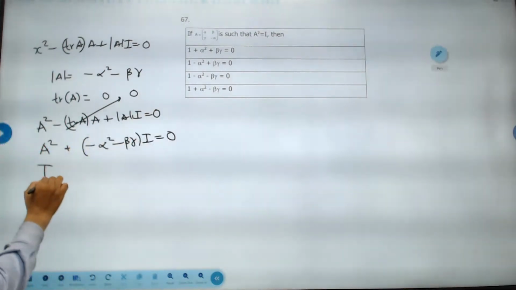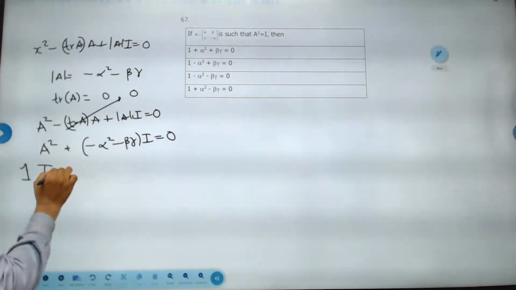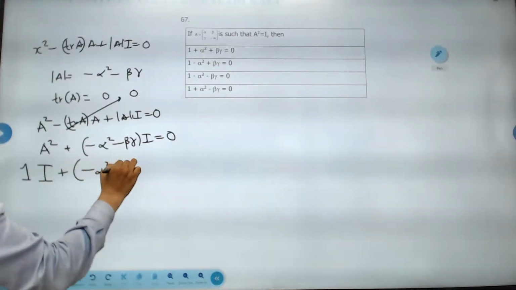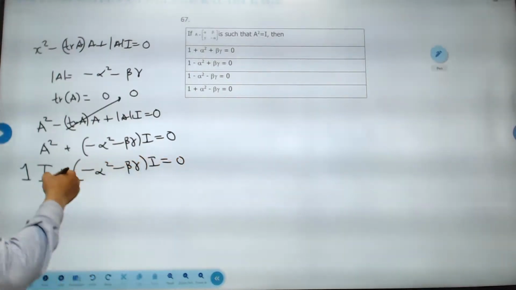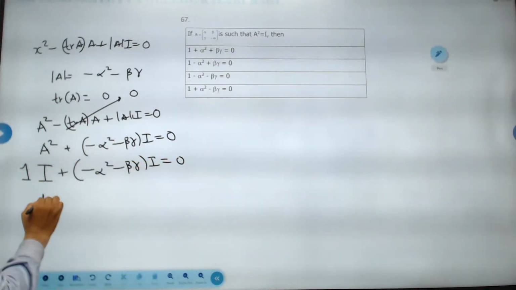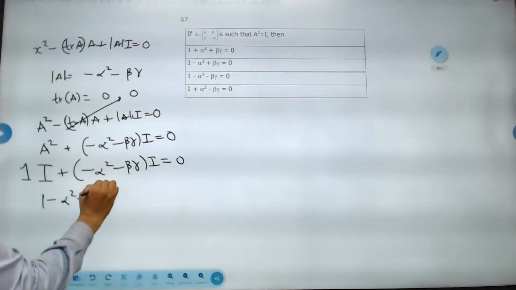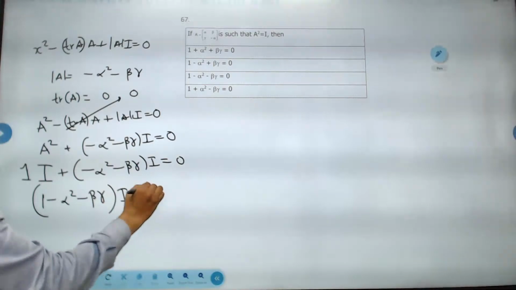I can write I as 1I. So this is 1I plus minus alpha square minus beta gamma into I is O. If I take the identity matrix common from this expression, I get 1 minus alpha square minus beta gamma, into I, is O.